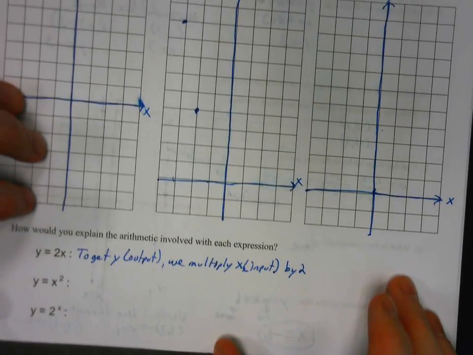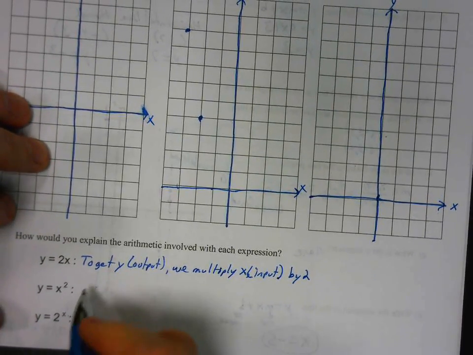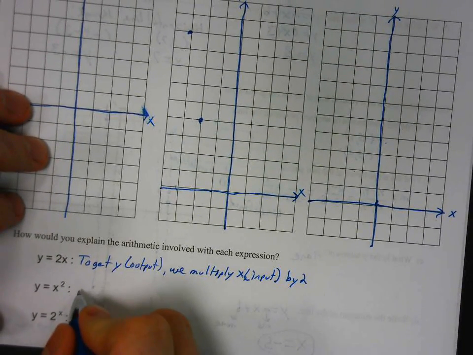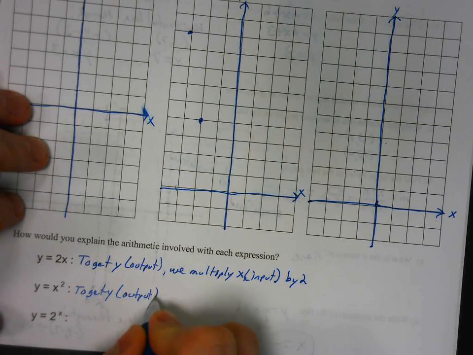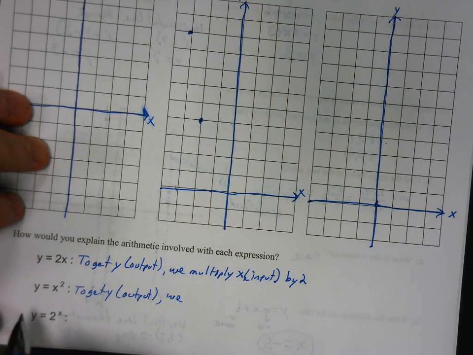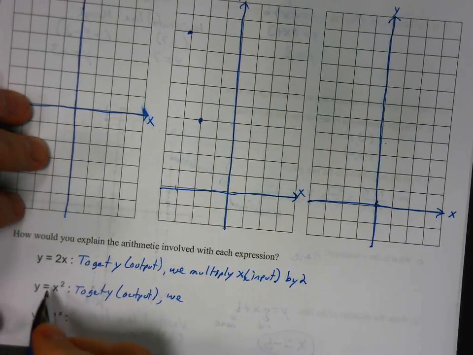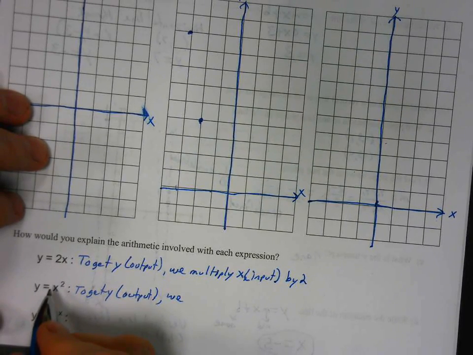For y equals x squared, to get y, or to get the output, we do what? Well, when you put a number in for x, like say 3, 3 squared means you multiply it by itself.